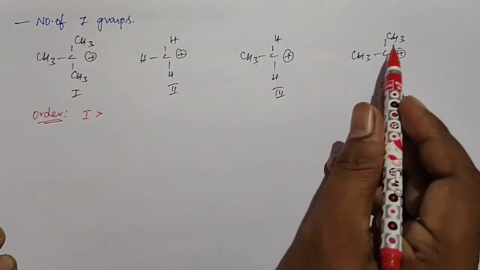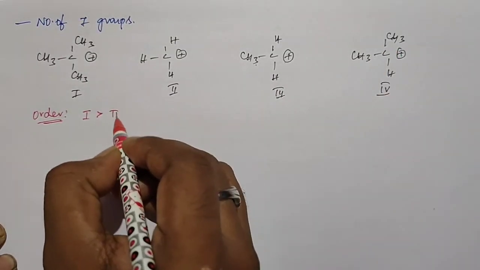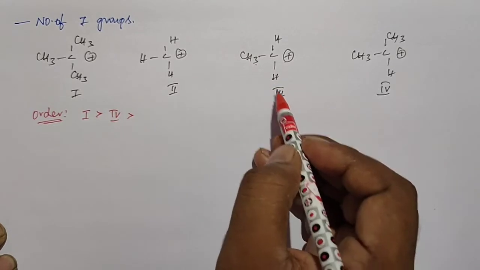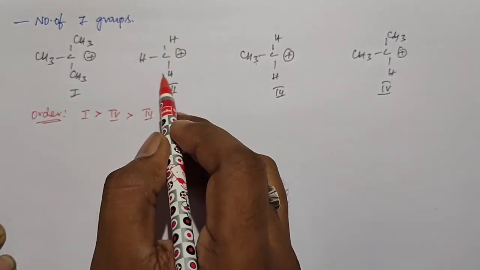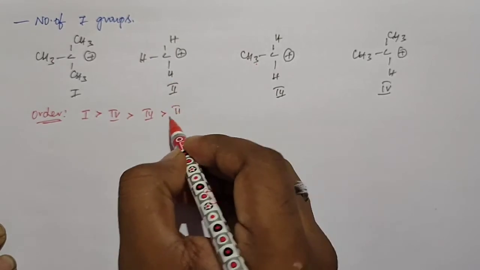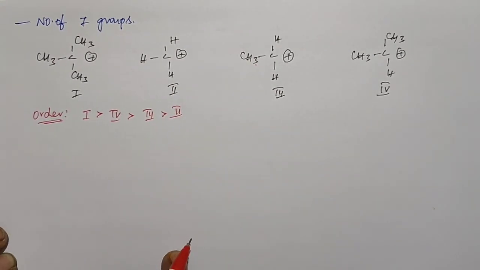After that, in the fourth structure we have 2 methyl groups, so this is the next highest. After that, in the third structure we have 1 methyl group, and this is next. Here we have 3 hydrogen atoms, and it is in the last position. So this is the order of stability when the number of I groups is given. So more plus I groups, more stability; more minus I groups, more destabilization, or less stable.